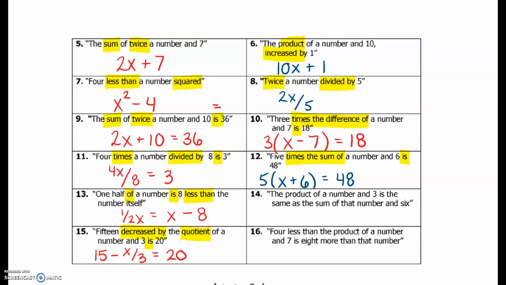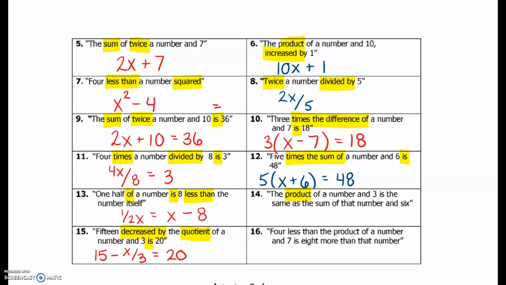For numbers 14 and 16, we actually will have two expressions set equal to each other. In number 14, we want to start with the first half, the product of a number and 3. In this case, the keyword is product. Product indicates to us that we are going to multiply.